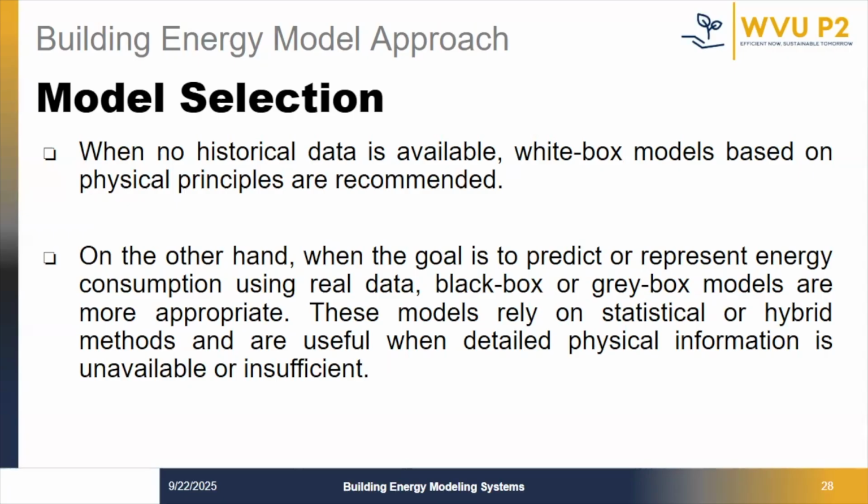Conversely, when the objective is to predict energy consumption using actual operational data, black box or gray box models are more suitable. These data-driven or hybrid approaches are particularly valuable when detailed physical information is incomplete or unavailable, as they use statistical methods to learn patterns directly from measured performance, ensuring practicality and relevance.